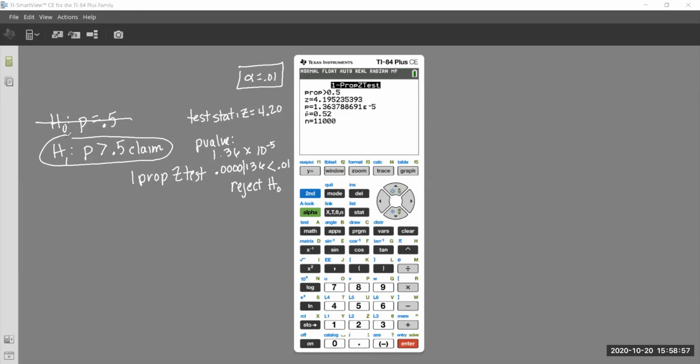And we would say there is sufficient evidence to support the claim that, and I'm just paraphrasing because that takes a long time to write, I just go look at the words in the problem, more than 50% of car crashes occur within 5 miles of home.